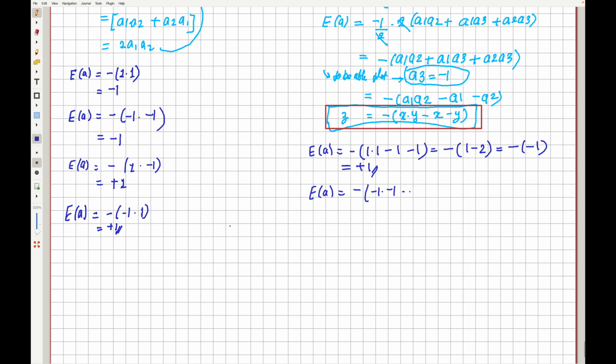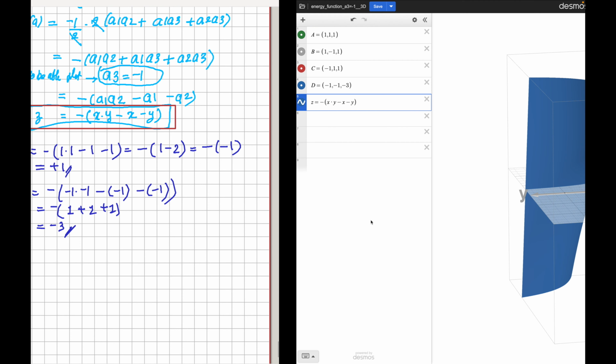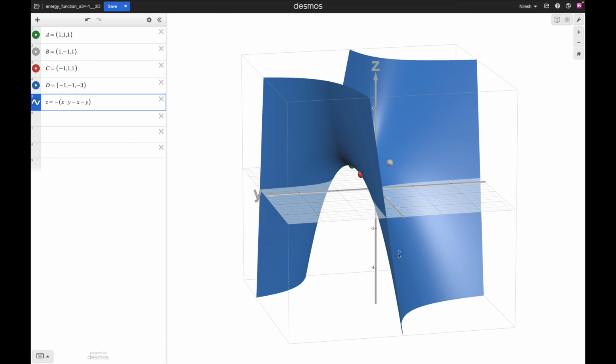So this is -1, -1, and then we have minus of -1, and that calculates out to this becomes +1, this becomes again +1, this becomes +1, and so what we have is -3. So that's a pretty low energy that we have, and that's the point we see down here in the valley, and so on for the others.